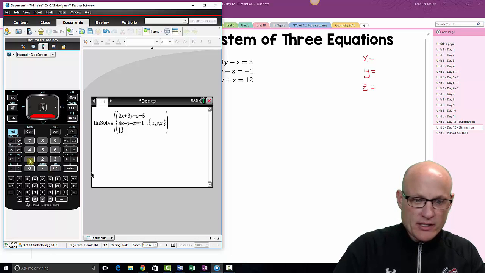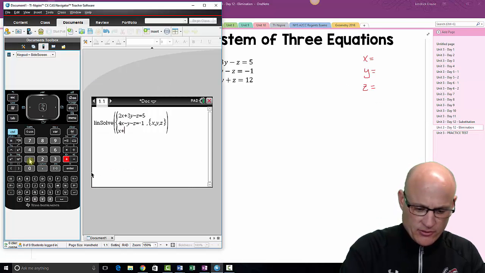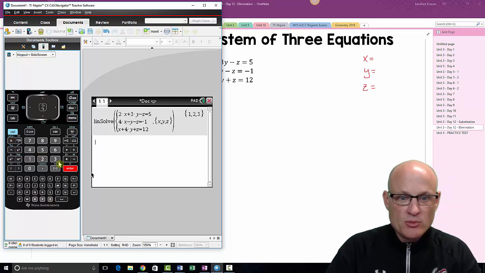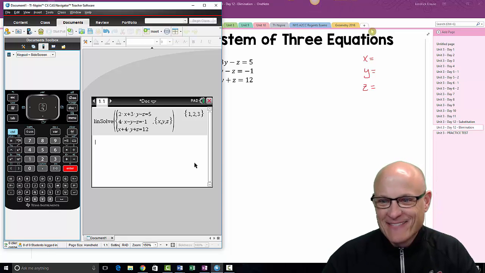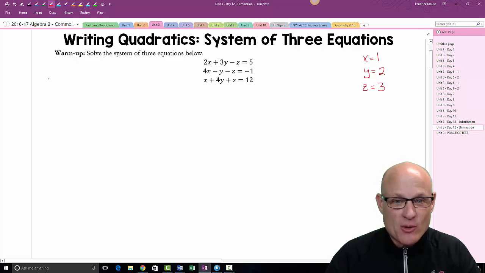Never know if it's going to be the right negative or not. And then the last one is x plus 4y plus z equals 12. Hit enter. Boom. 1, 2, 3. Come on, really? It can't be that easy. 1, 2, and 3. So apparently those are what my answers are.